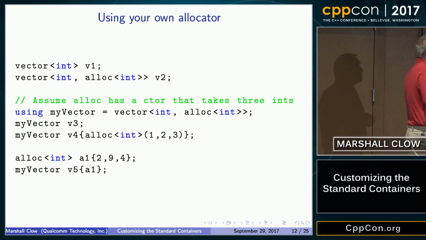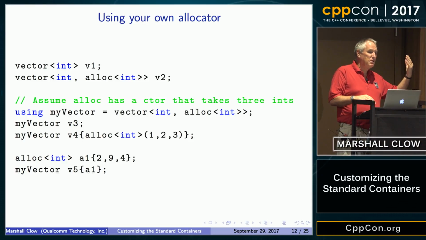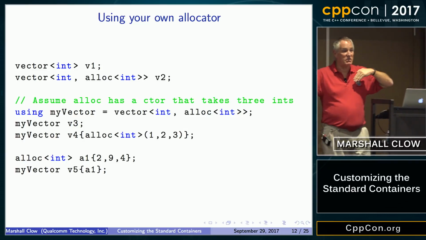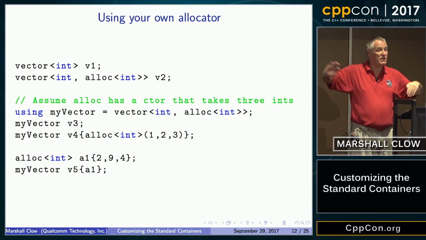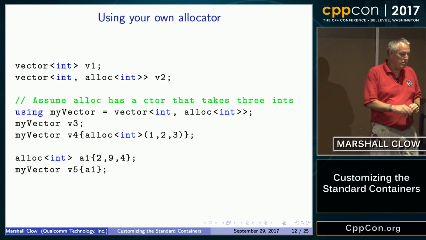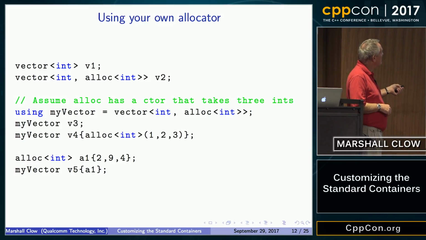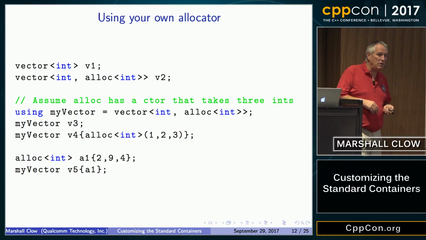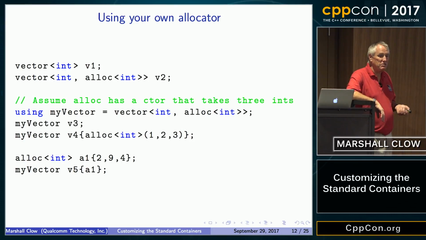The reason I made this slide was to drive home the thing that I talked about earlier: you want to keep the type and the instance of the allocator, the comparators, and the hash functions clear as two separate things. Most of the time, people will do things like this, where the allocator gets default constructed. And in almost every sample program you ever see, the allocator will never get mentioned.